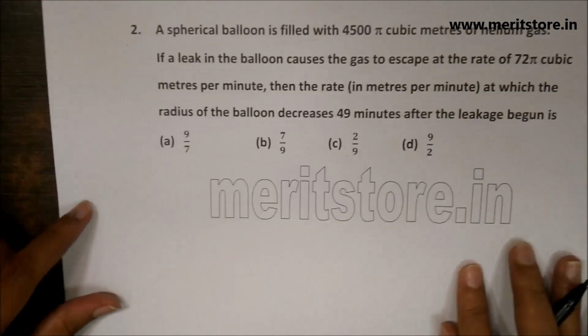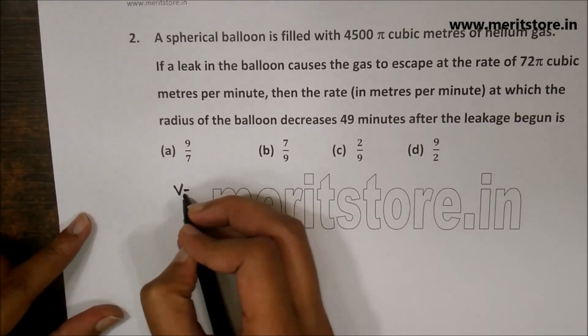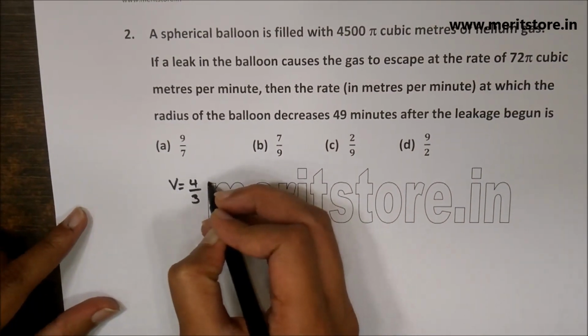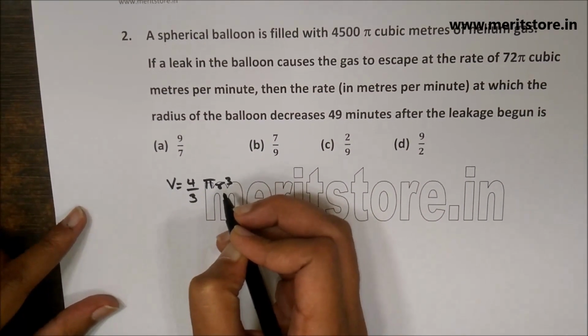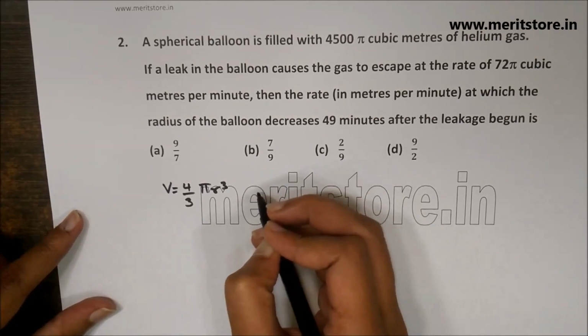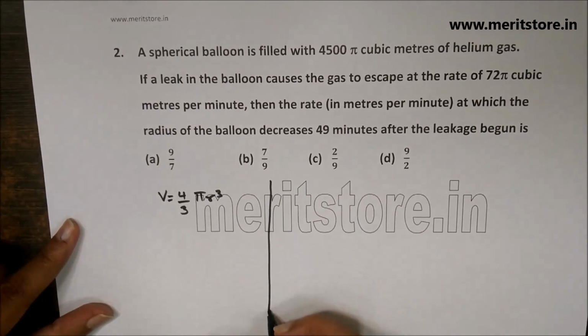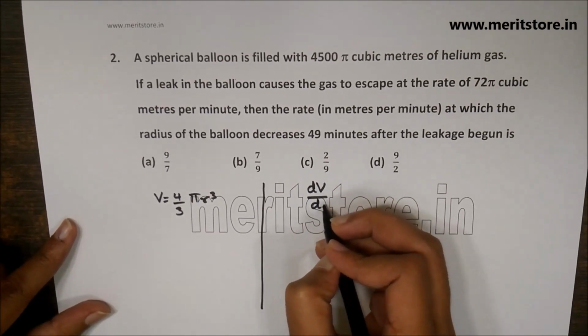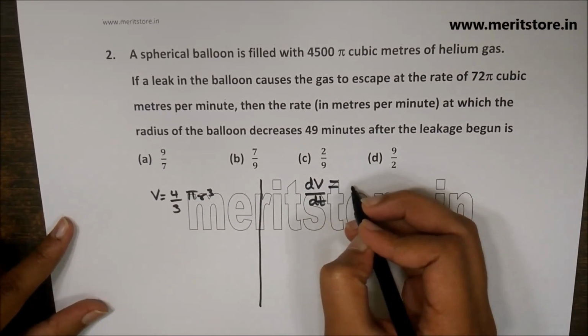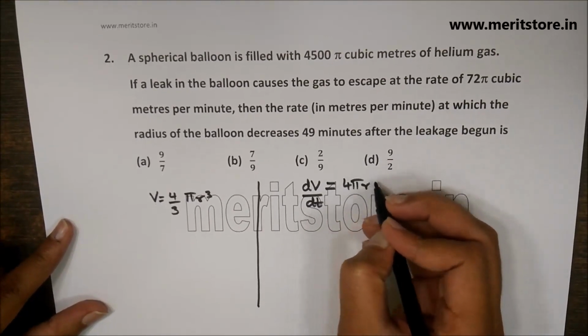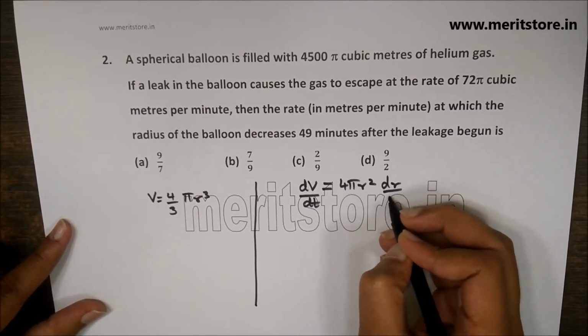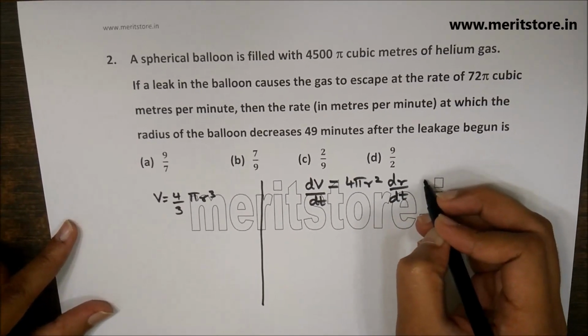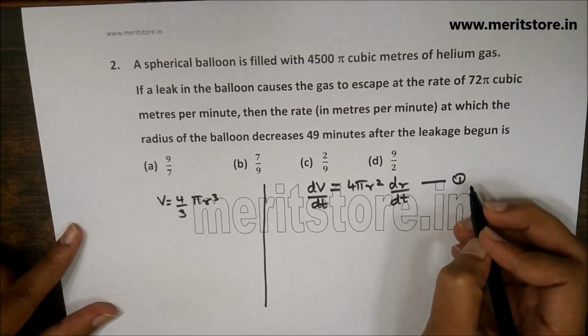So we know the volume of a sphere is 4 by 3 pi r cube. Differentiating this with respect to t, we get dV by dt, which is equal to 4 pi r square dr by dt. Let this be equation 1.